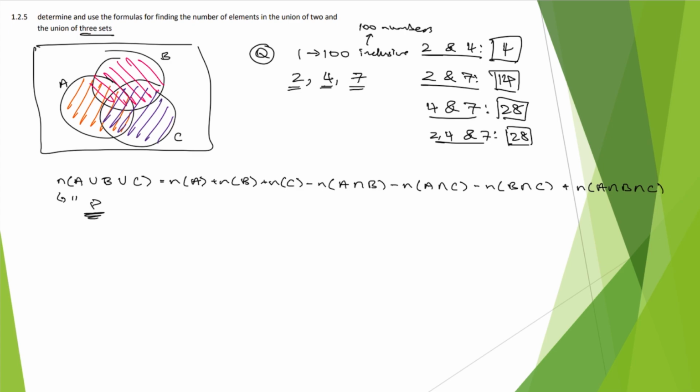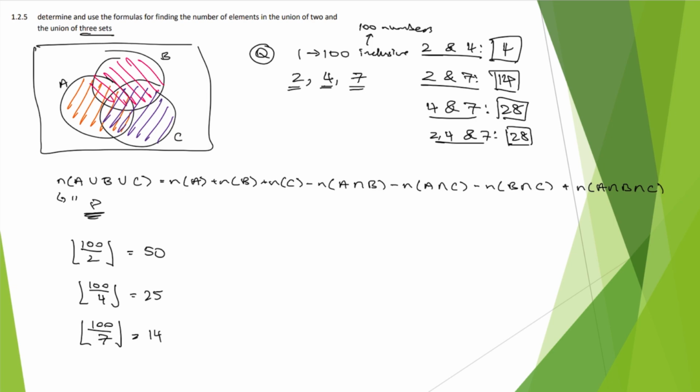And so the number of numbers that are divisible by 2 is going to be given by the floor of 100 divided by 2, which in this case is 50. 100 divided by 4 will give us 25 numbers. 100 divided by 7, the floor of that will be a number that is 14.285, etc., etc. Because it's the floor, we need to round down to 14.